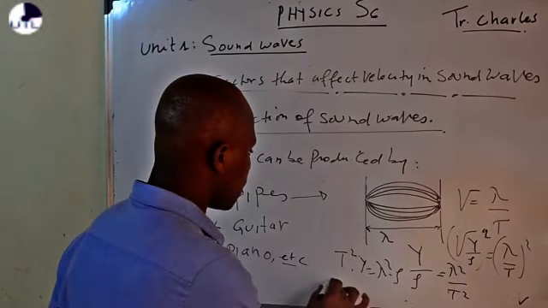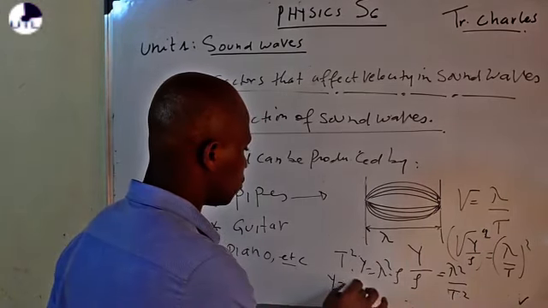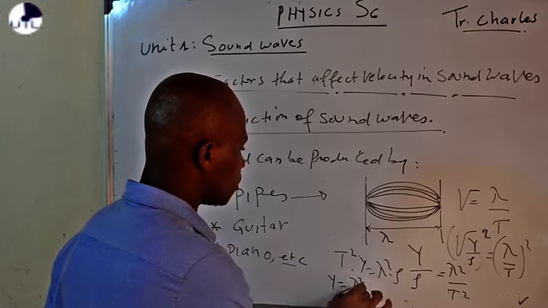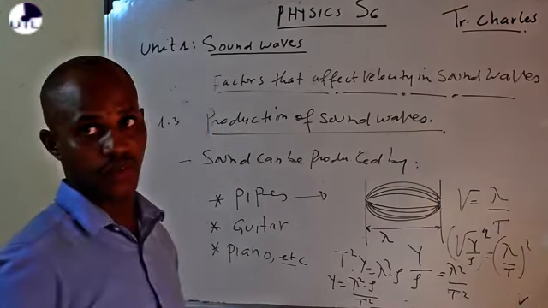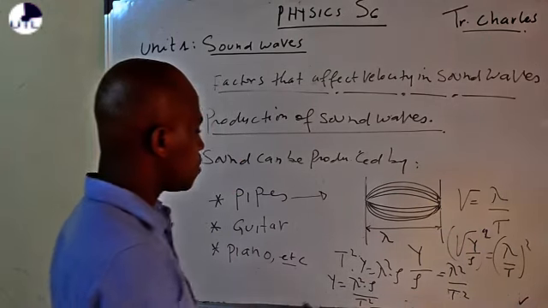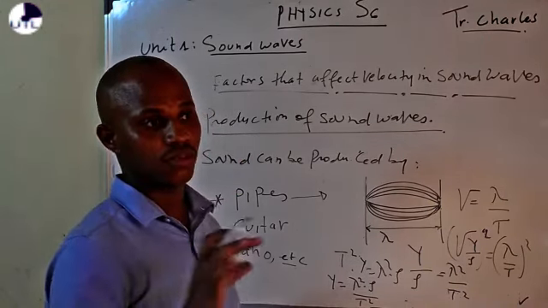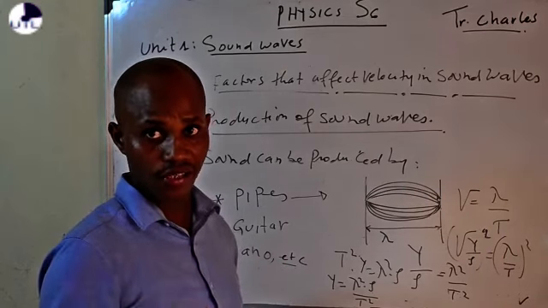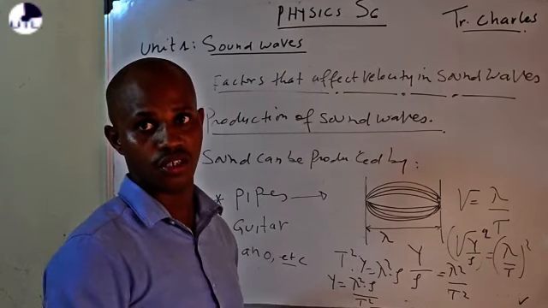Now this Young's modulus will be equal to wavelength squared times the density over the period squared. Very interesting. Some of you will find in these materials it is written as Young's modulus, but this is how it can be calculated.